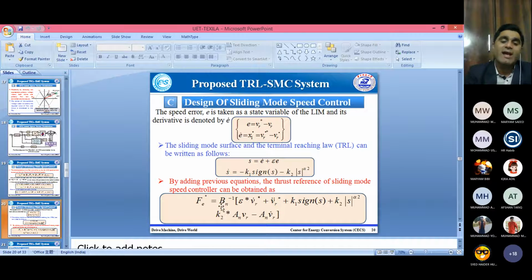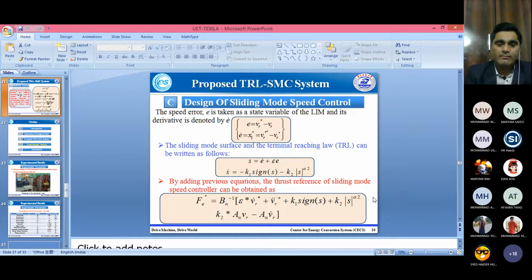This is the final equation after adding the previous equations, and then you can find FE, which is the thrust reference.